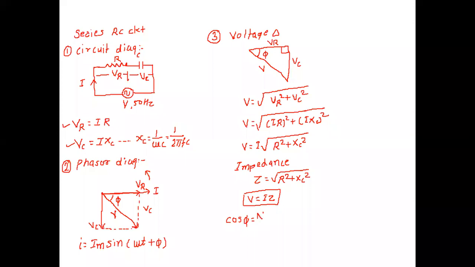That is nothing but VR upon V. But VR is nothing but I into R, and V is nothing but I into Z. Now you can observe that the formula for power factor always remains the same: cos phi is equal to R upon Z. Got my point? Now the fourth part in this derivation is the impedance triangle.